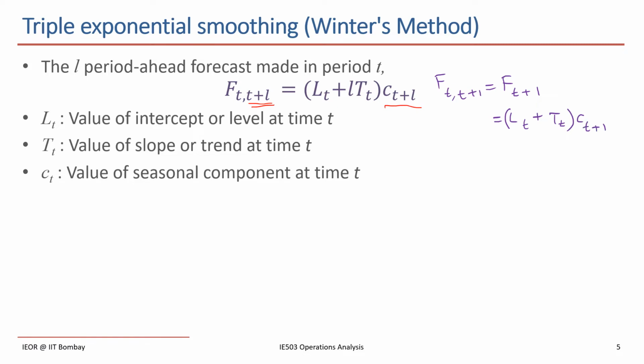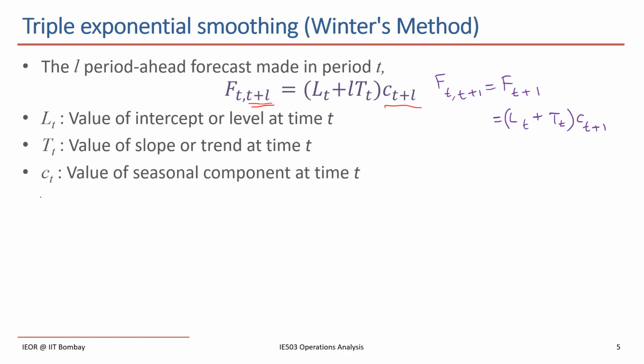Now let's look at each of it. L is the intercept, T is the value of the trend at time t, and C is the value of the seasonal component at time t. Each of these is going to be governed by an exponential model with different smoothing parameters, alpha, beta, and gamma, which you will see right now. So let us write the expression for level.